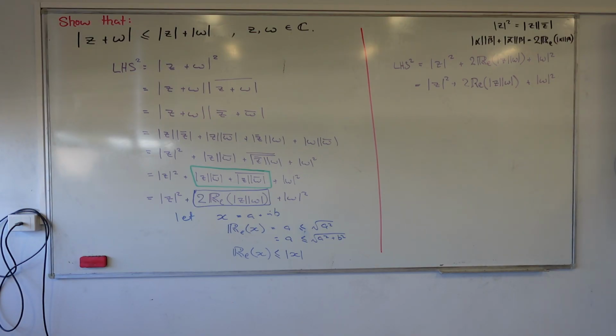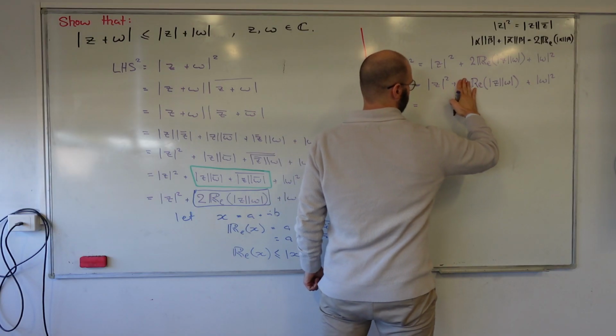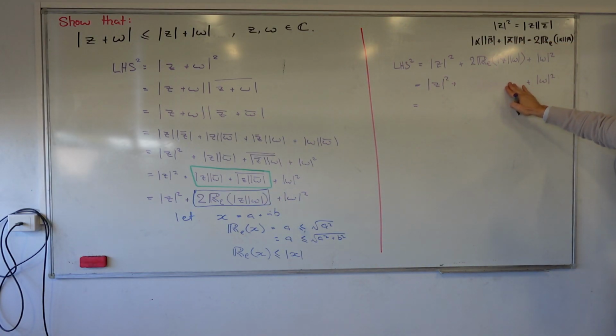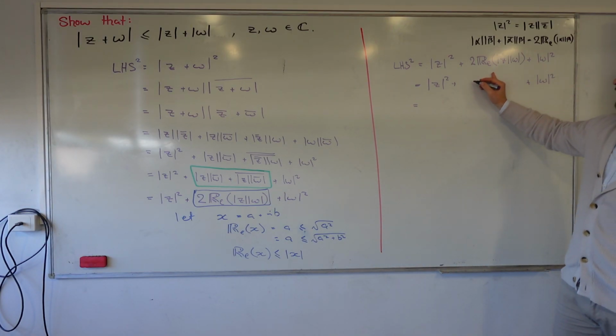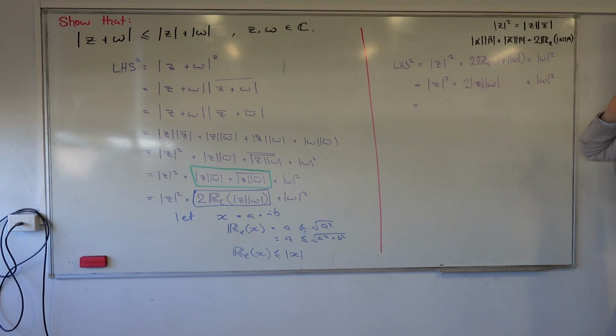Are we cool with that? Did anything change? Almost. Oh, sorry, I didn't do what I was supposed to do. We're going to take the modulus of that. So we're going to go 2 lots of that, I believe. Is that okay?